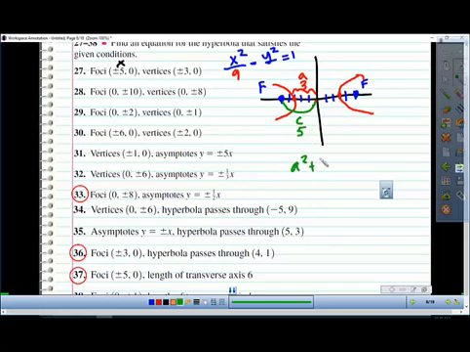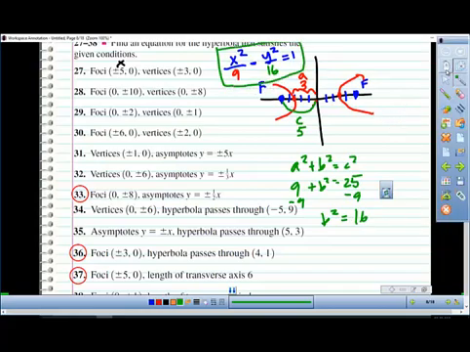We got a squared plus b squared equals c squared. So we know c is 5, so that's 25. And then we know that a is 3, so that'd be 9. Now we can solve for the b. So we subtract 9 from either side, and we get b squared equals 16. So I put the 16 right there, and that's how you come up with the equation.